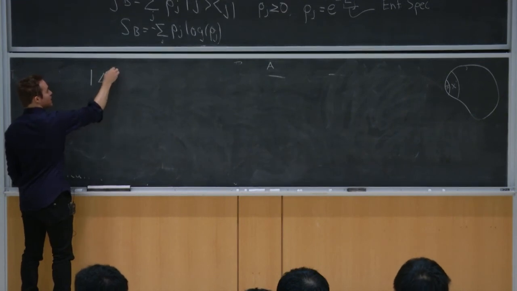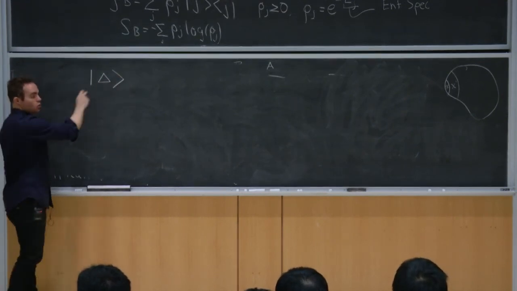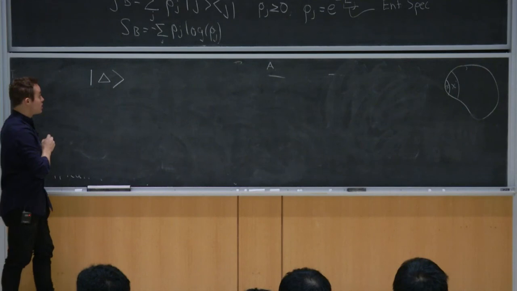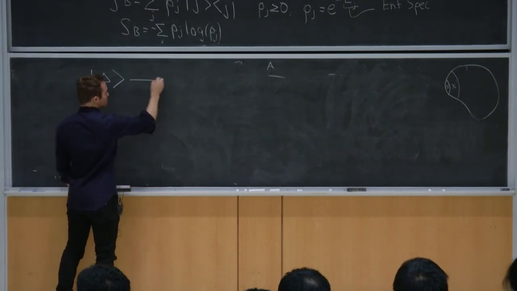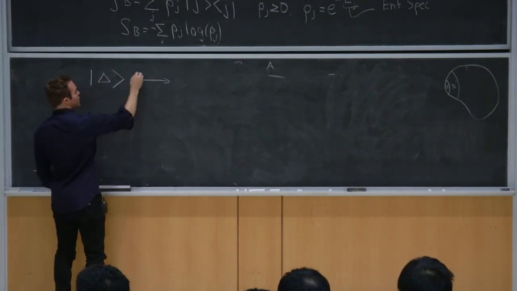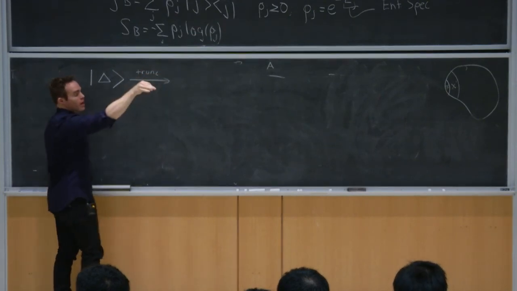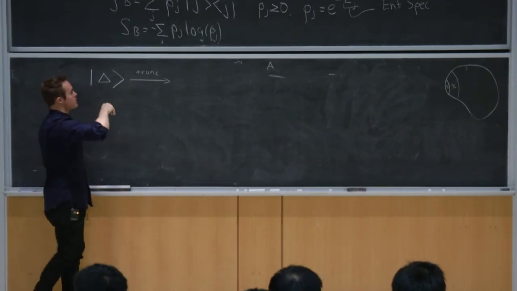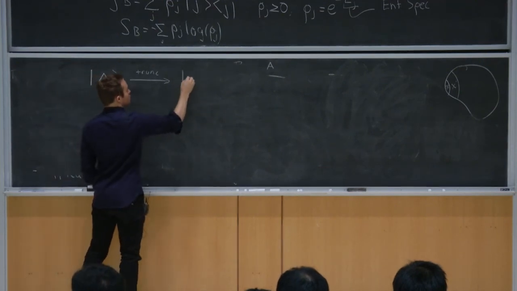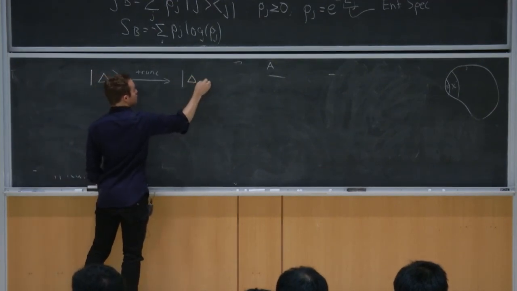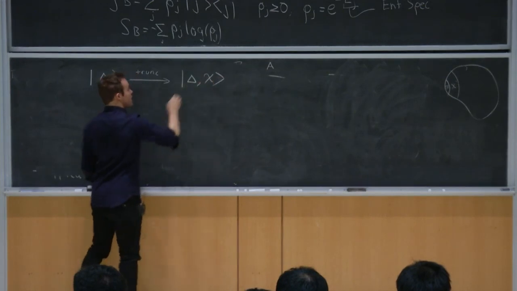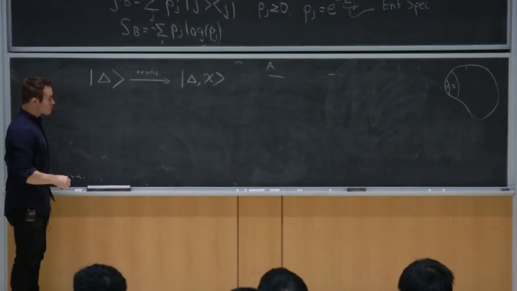You start with the exact ground state, if there was a gap, of delta. Then you take that state and you truncate by throwing away the low-lying entanglement eigenvalues down to bond dimension chi.